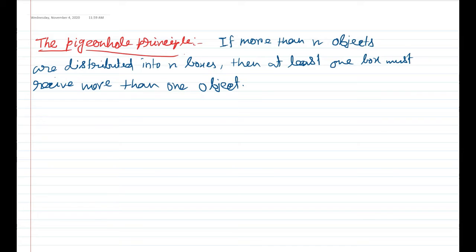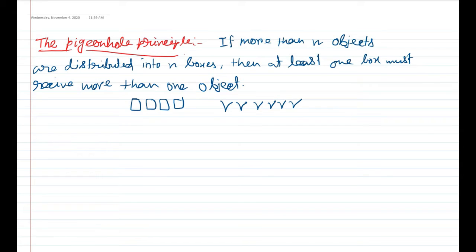So suppose you have 4 boxes, okay, and you have 6 pigeons.